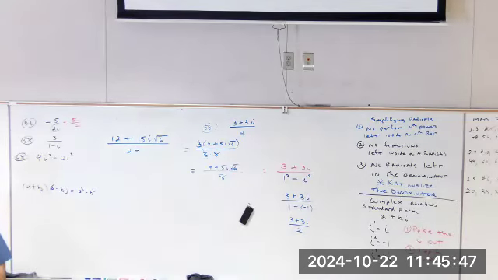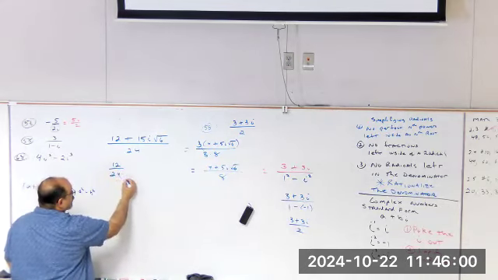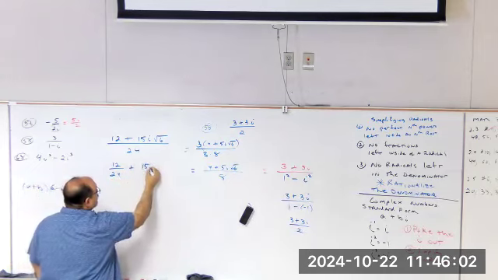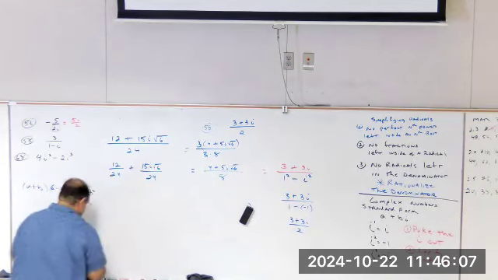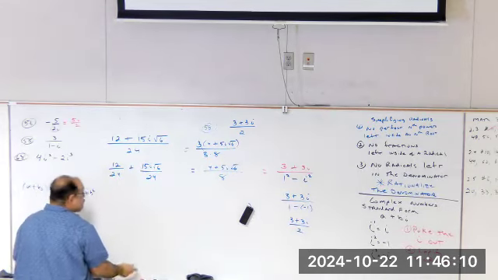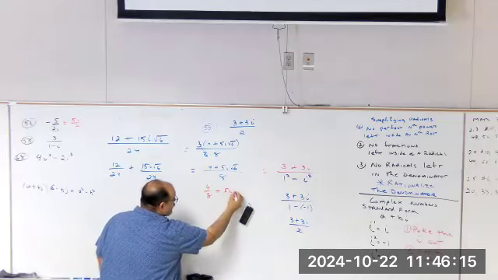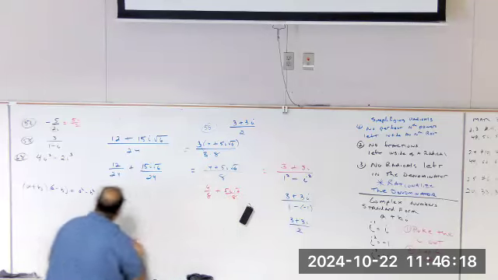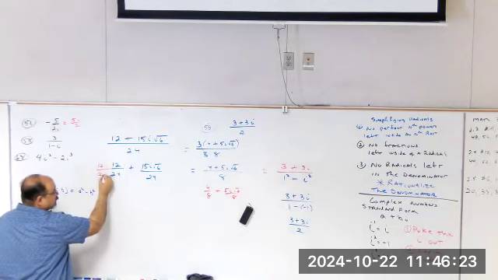Or if you want to play it safe, split the fraction. Separate the fraction, reduce each fraction separately. 12 over 24 plus 15i square root 6 over 24. See, I can split this up. 12 over 24, well, this is 12 times 1 over 12 times 2.